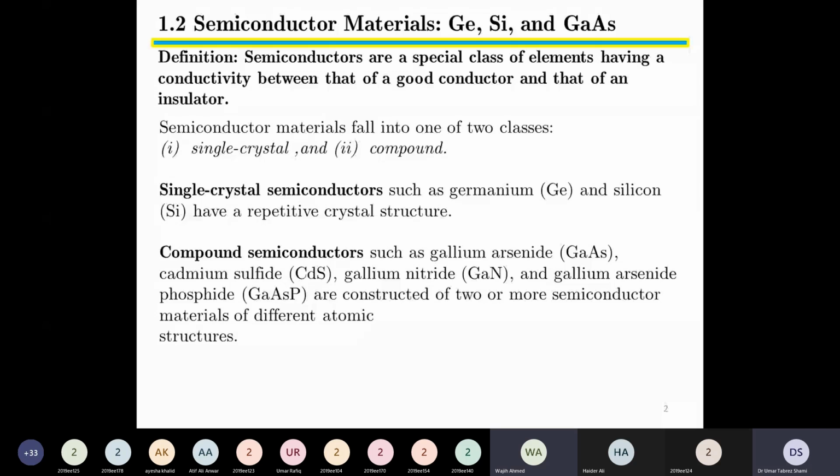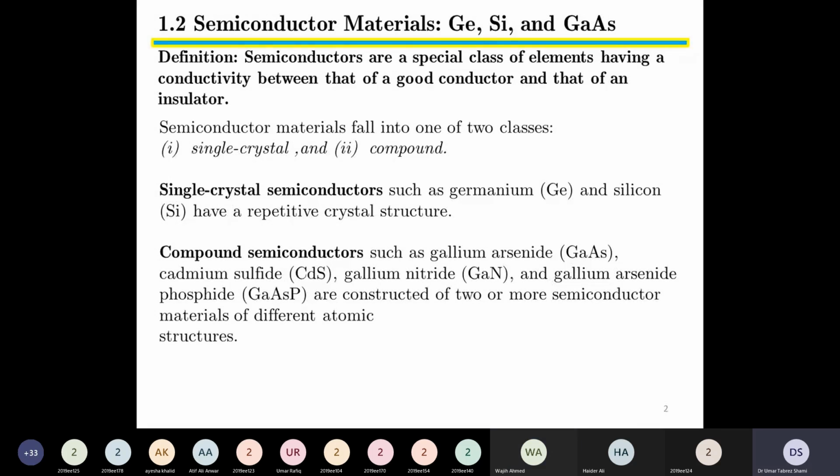Semiconductor materials can be divided into two classes. First is the crystal type or the single crystal, where we have a uniform element of one material, or second class is that we have a compound. Compound meaning that it is a composition of many elements, at least two.